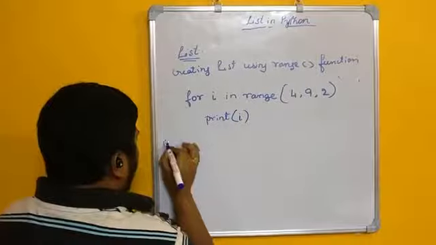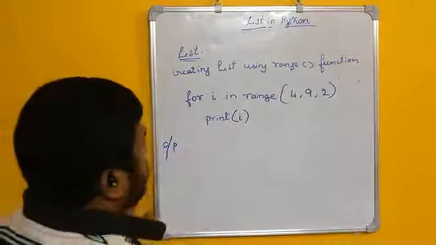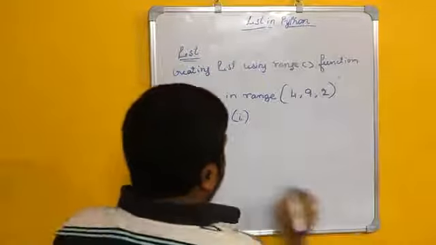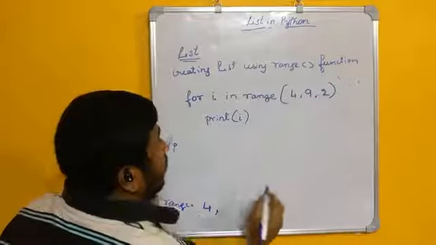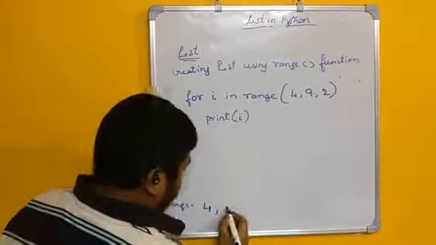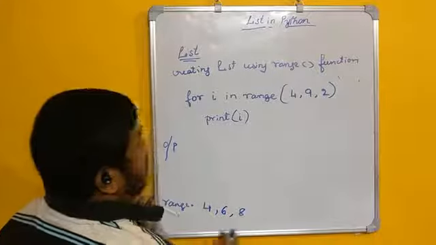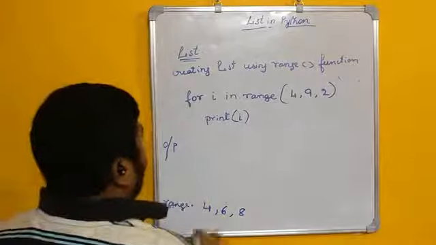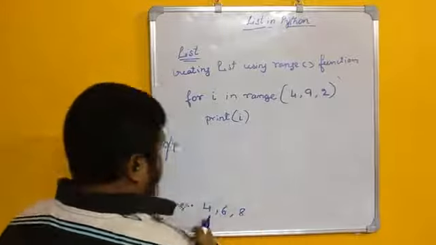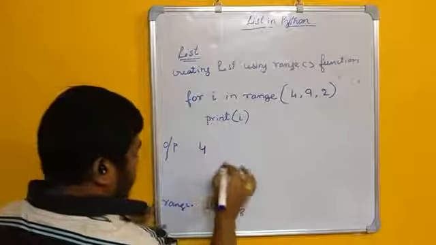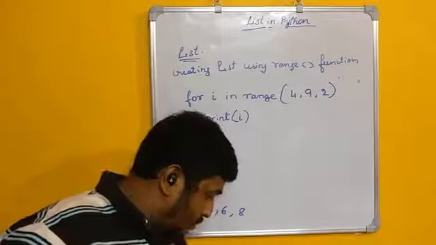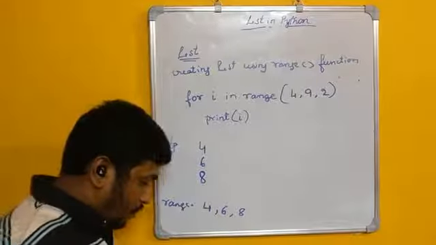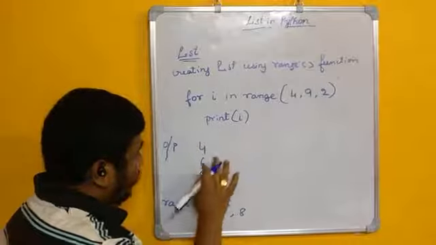What is our first element? 4, the second element is 5, but our step is 2, so the next element is 6, then 8. This is our third element. So the output will be: first 4, next line 6, then 8. The output is 4, 6, 8.